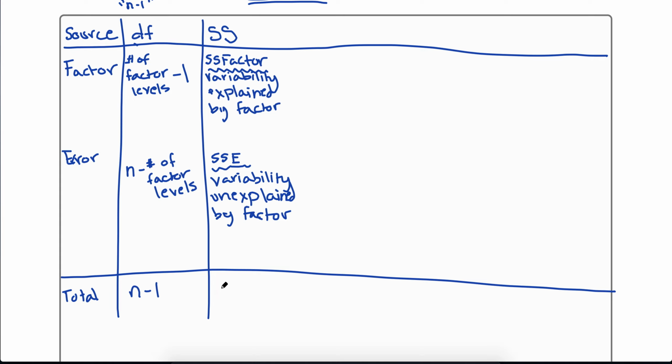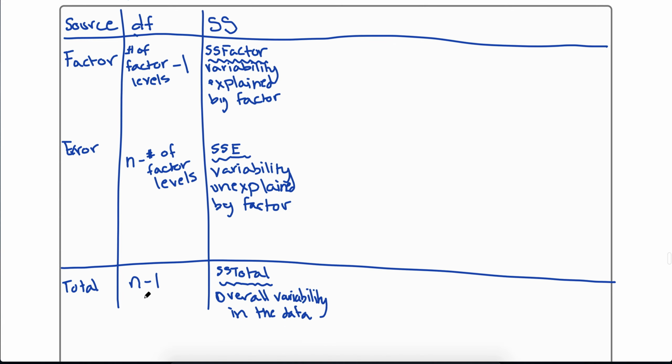And then this guy, our SS total, is actually just the variability of the whole data set regardless of the factor. So I'll just say overall variability in the data. Regardless of factor level, just overall, how much does it vary? And the sum of squares factor plus sum of squares error must add up to the sum of squares total.